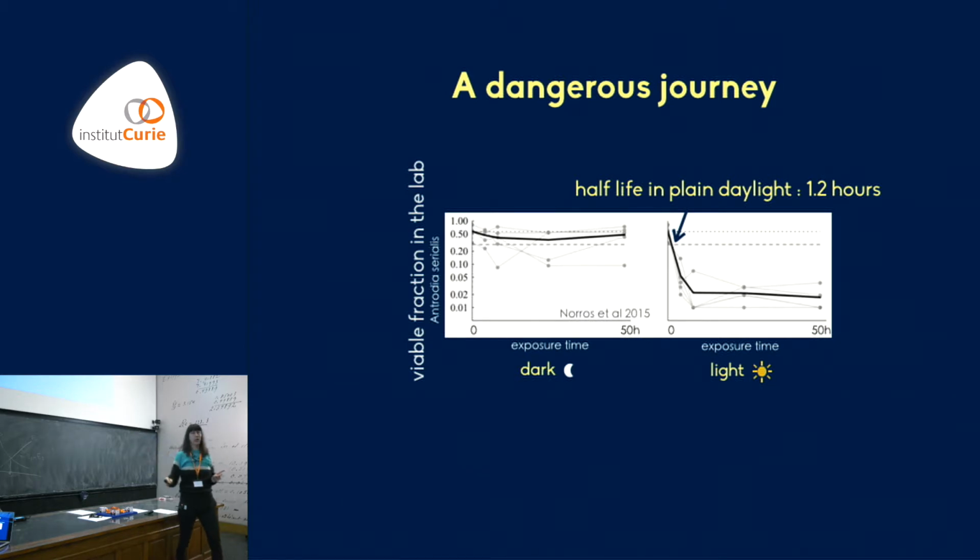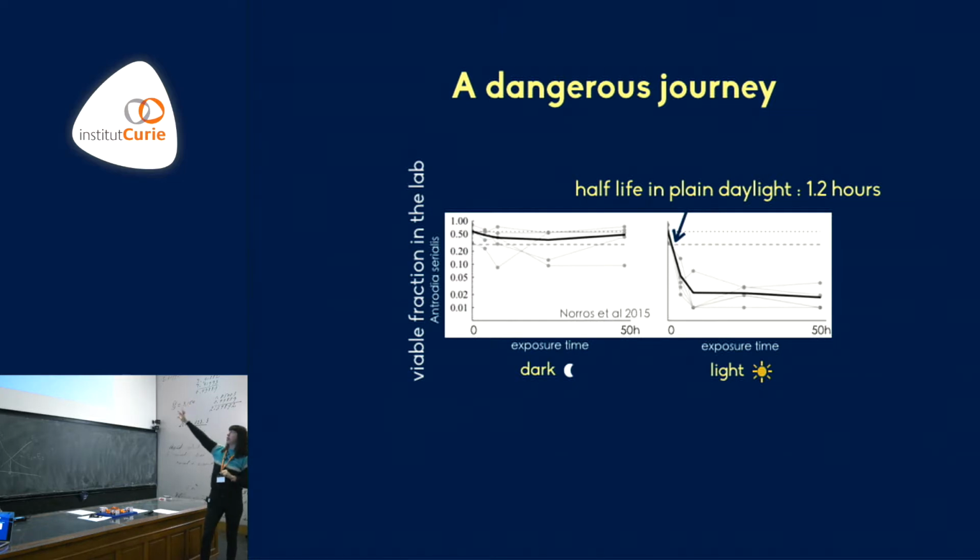Time is different, and it's different because of this reason. These are data, and again, there are more data in the literature, which shows you the lifetime. This was a question that came from about here, but maybe he's not. Someone here asked how long do spores live. This species only lives an hour in plain daylight.